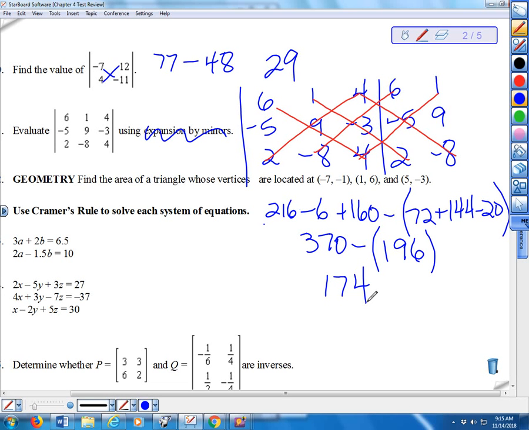Anybody need me to walk through how to find the determinant again on the calculator? Okay. So go second matrix, go over to edit, and then enter your 3 by 3 in matrix A. And then just put the numbers 6, 1, 4, negative 5, 9, negative 3, 2, negative 8, 4.